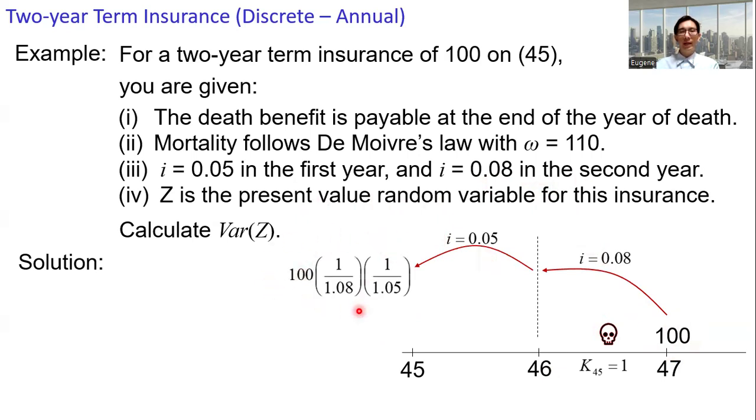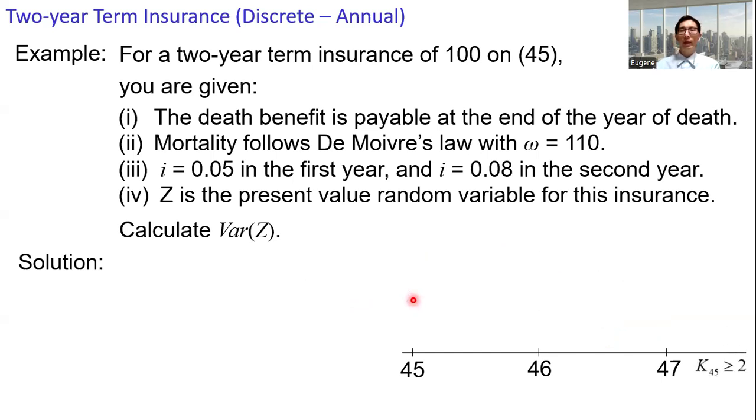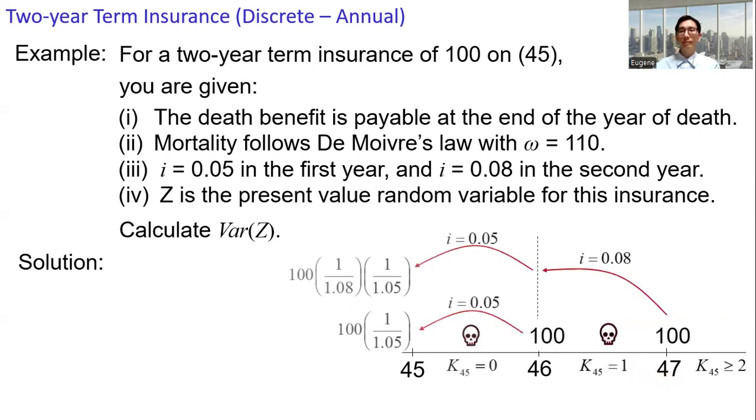The corresponding present value is 100 times 1 over 1.08 times 1 over 1.05. If the individual survives beyond age 47, the insurer pays nothing. All right, so this is the corresponding time diagram.